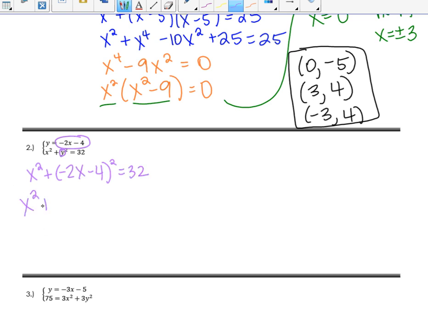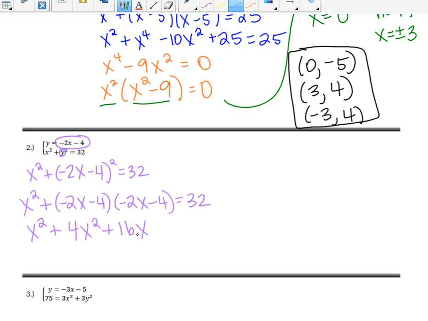So x squared plus, remember this is really (negative 2x minus 4) times (negative 2x minus 4) equals 32. So x squared plus negative 2x times negative 2x is 4x squared. 8x plus 8x is a positive 16x.